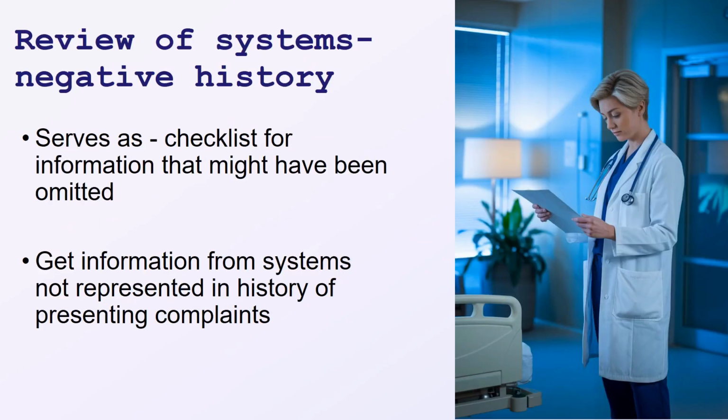Then the second point in the history of presenting illness is reviewing the systems and then talking about the negative history. When doing this, it serves as a checklist for you, giving you information that might have been missed out, and it gives you information from systems which was not presented in the history of presenting complaints.